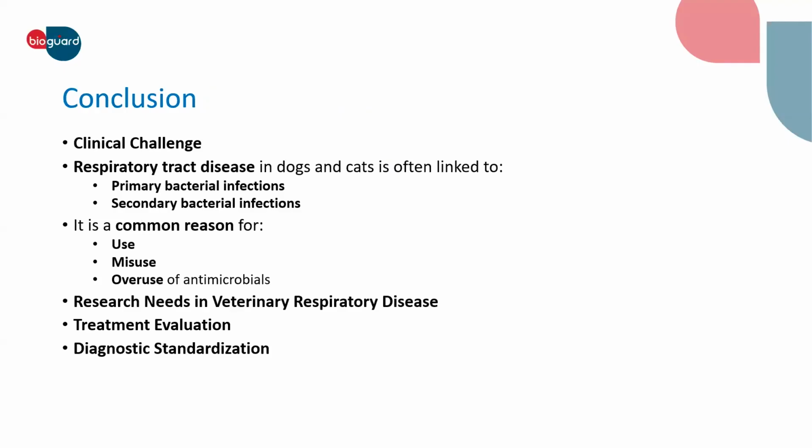And then for the conclusion, respiratory tract disease in dogs and cats is actually quite a clinical challenge, because it's frequently linked to primary or secondary bacterial infection and remains a leading cause of antimicrobial use, often resulting in misuse, overuse, or inappropriate prescribing.